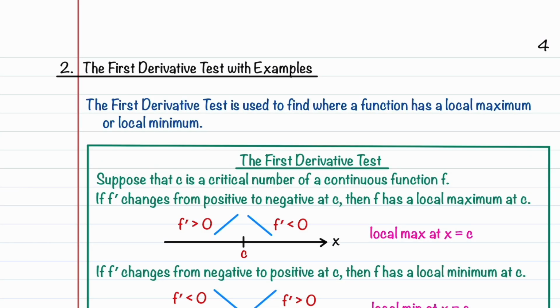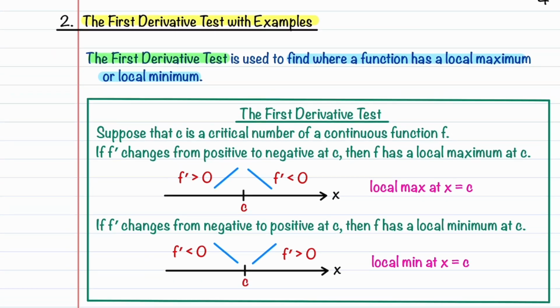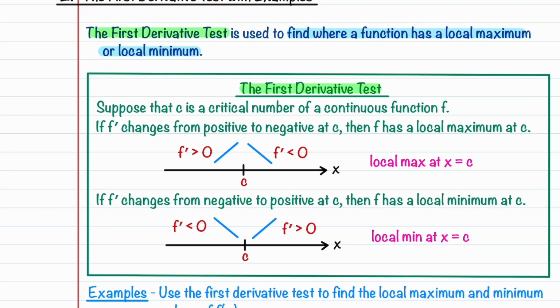We're now going to learn about the first derivative test and walk through some examples. The first derivative test is used to find where a function has a local maximum or a local minimum. The first derivative test tells us that if f prime changes from positive to negative at a point c, you can see this down here in our graph.